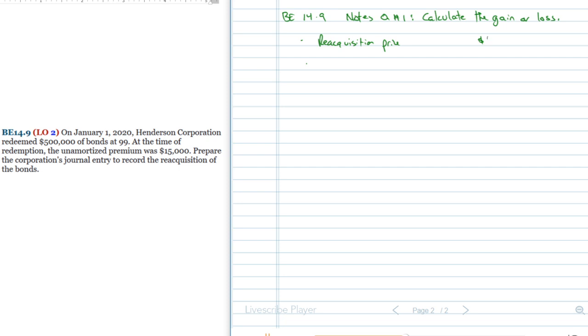So that's $495,000. So that's the reacquisition price. What's the carrying value?